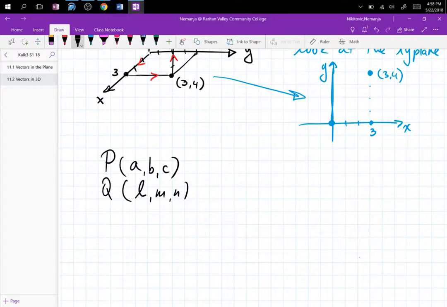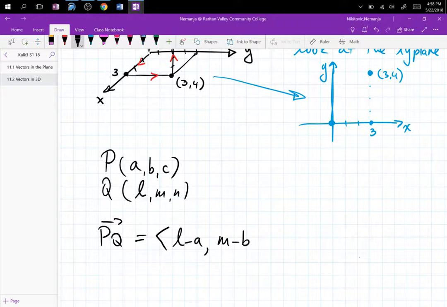I will do the terminal minus initial point, so the PQ vector in 3D, right? It will be L minus A, M minus B, N minus C. I have my angle brackets for vector notation. I have the arrow above PQ to denote that that's a vector as well. And we know that PQ and QP are not the same vector, right?